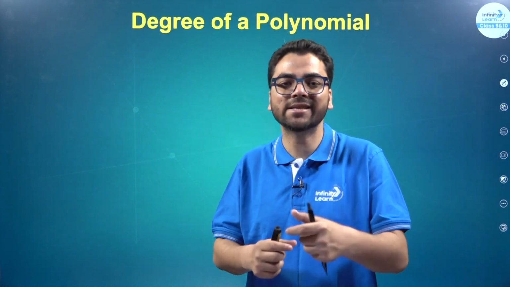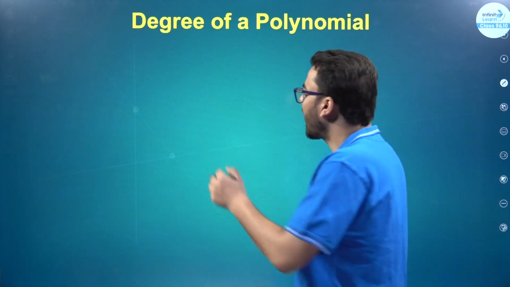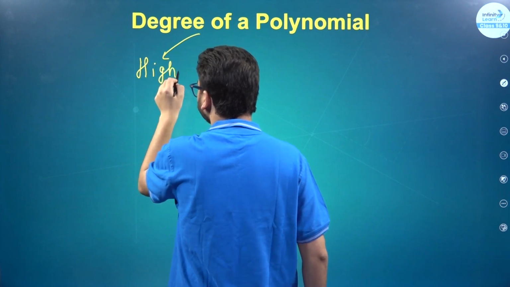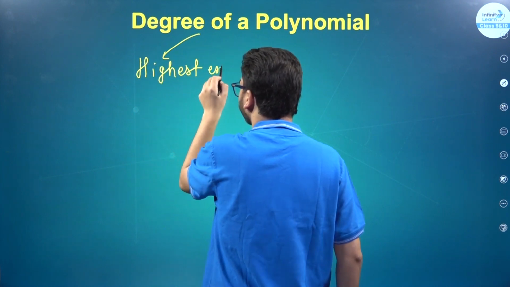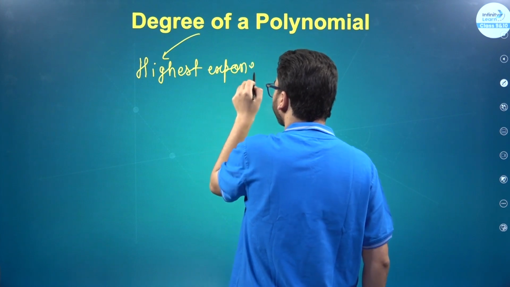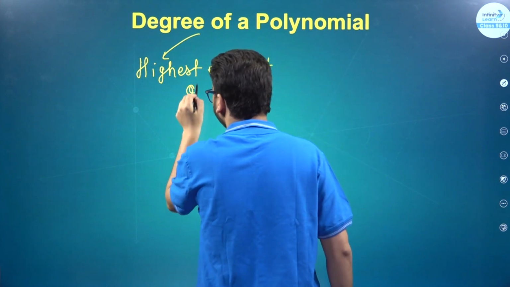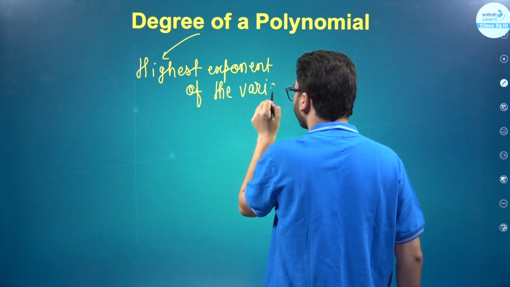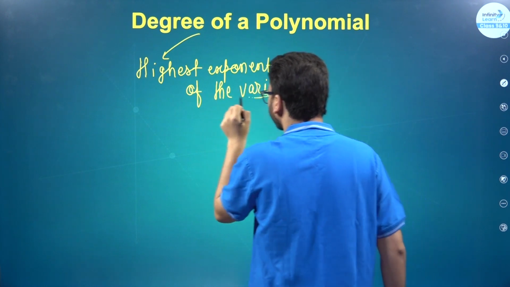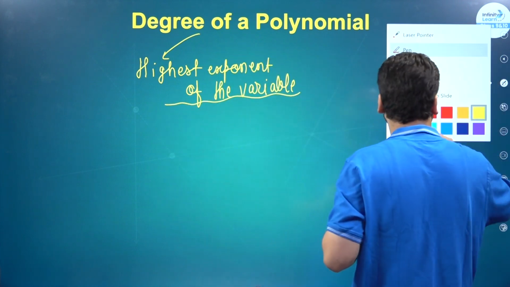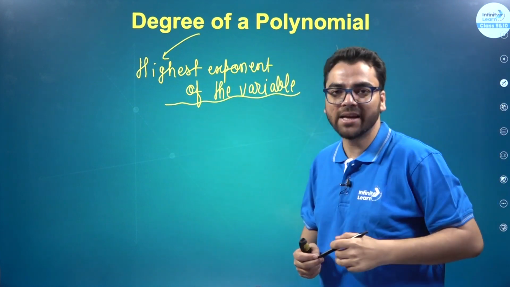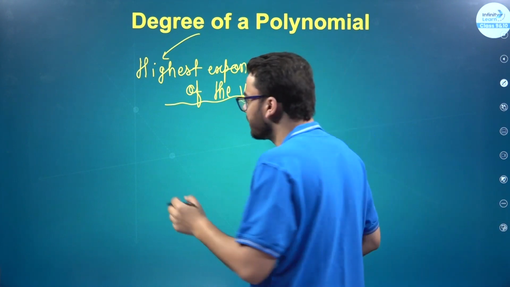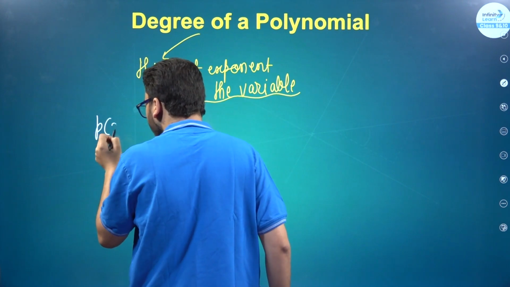Now one thing is degree of a polynomial. So that is the highest exponent of the variable, right? Highest exponent of the variable. So the highest exponent of the variable is the degree of a polynomial. For example, suppose I'm taking a polynomial p of x.